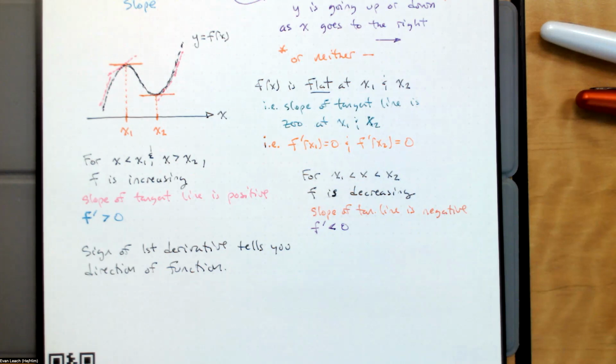If the first derivative is positive, the function is increasing. If the first derivative is 0, then the function is flat. If the first derivative is negative, then the function is decreasing.